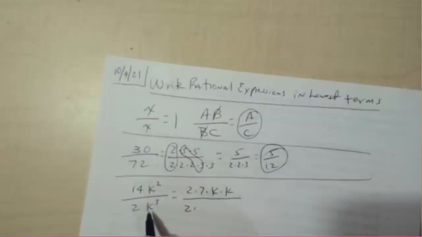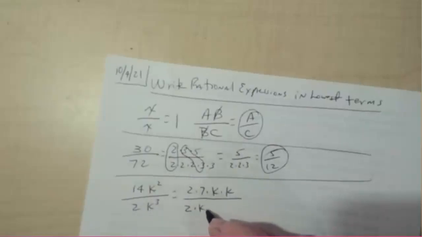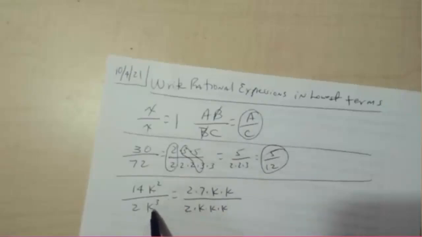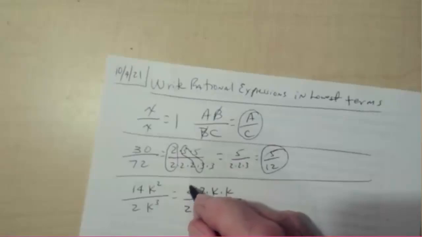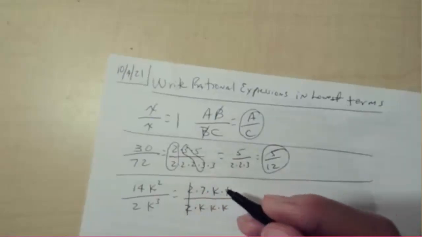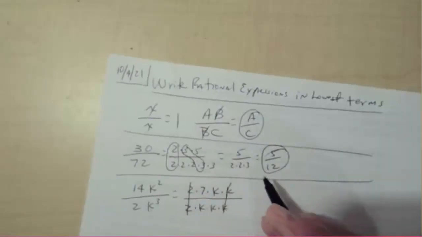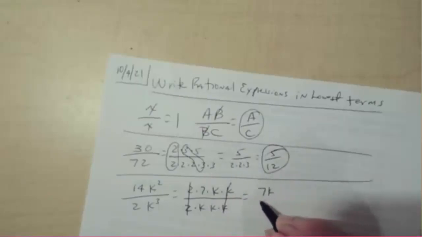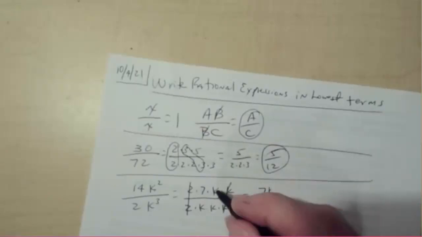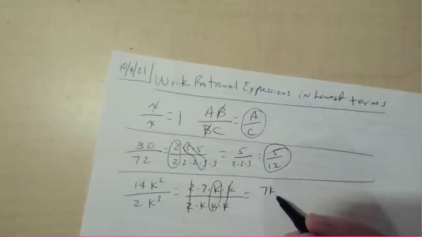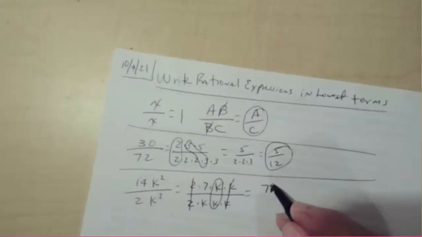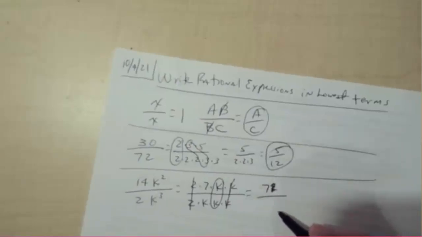Now k cubed is k times k times k, base number times itself 3 times. 2 divided by 2 is 1. K divided by k is 1. So we end up with 7k. Oops, sorry. There's another k there. So we have 7 over k.